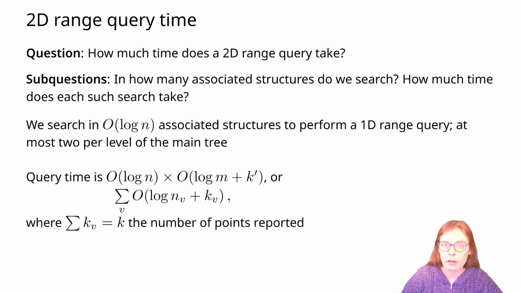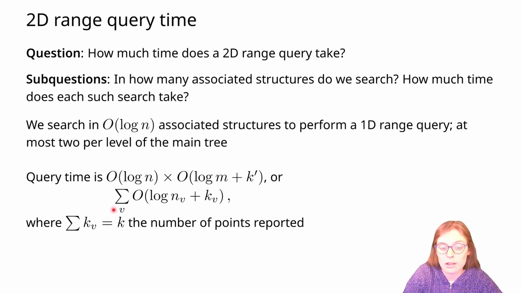The total query running time is then big O of log n, the number of times we call the one-dimensional range query, times the query time. And the query time is given by big O of log m plus k prime, where m is the number of nodes stored in the associated structure, and k prime is the number of nodes reported.